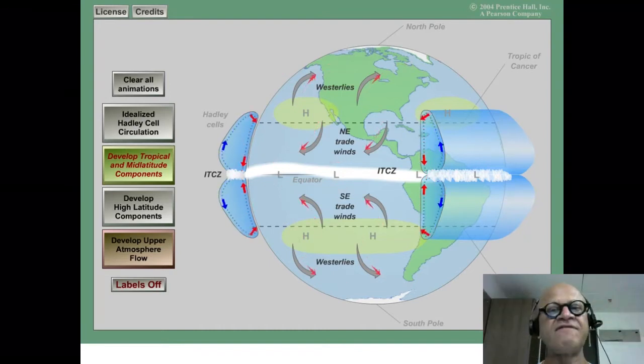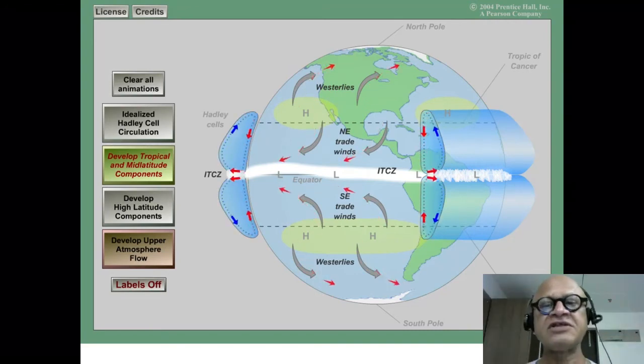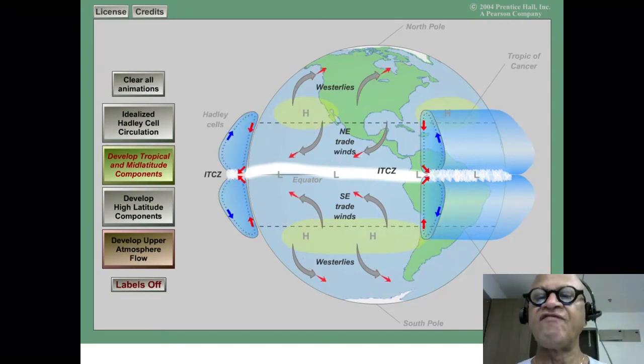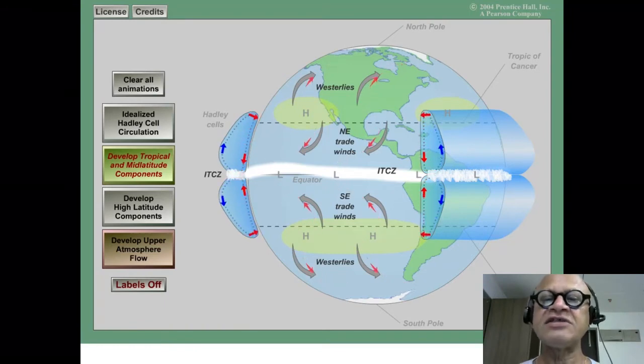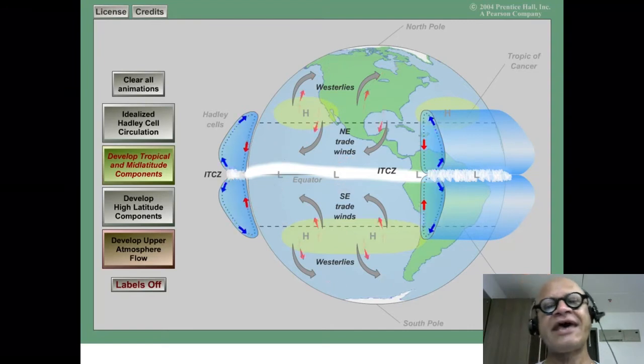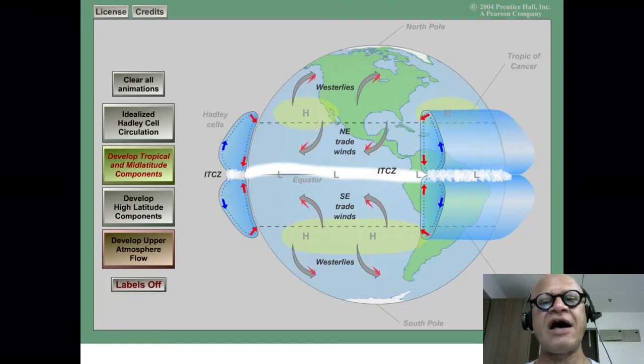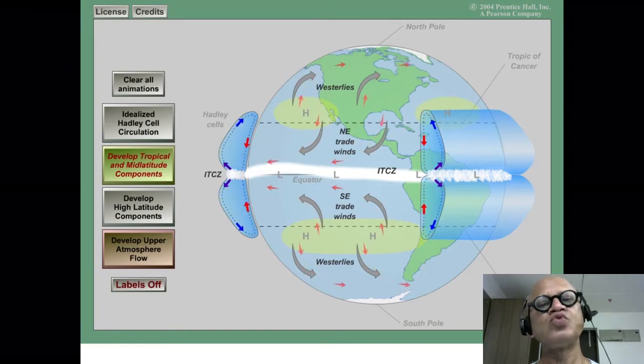So there is a very well defined rain band through the entire tropics that is called the Intertropical Convergence Zone. And the air that sinks in the Hadley cell in the subtropical highs, shown as H with this yellowish color, at 30-degree latitude is the subtropical high, and you have prevailing westerlies to the north of it.